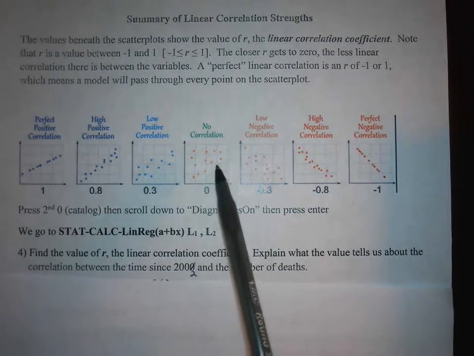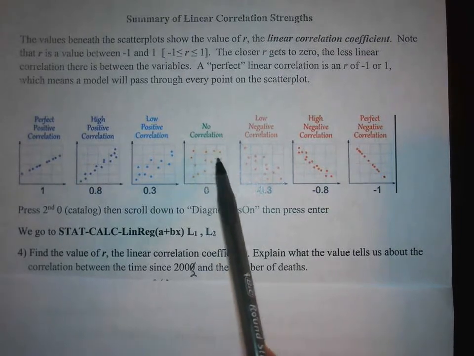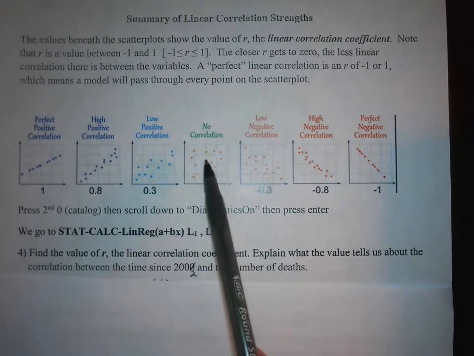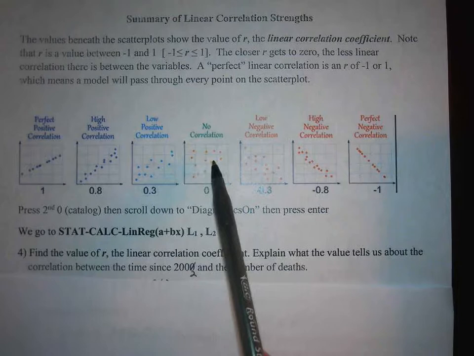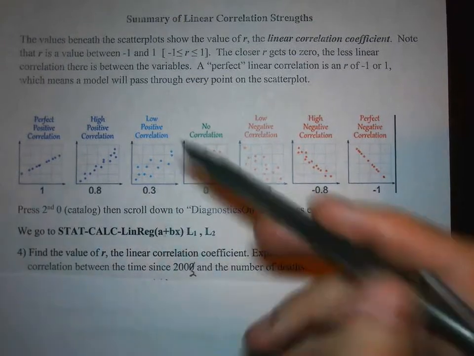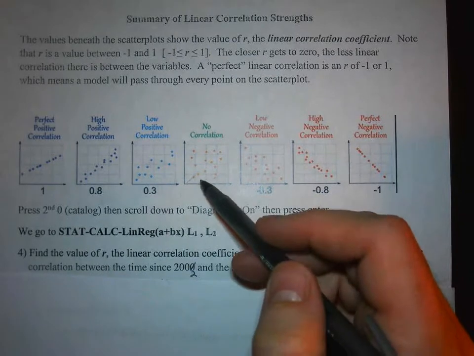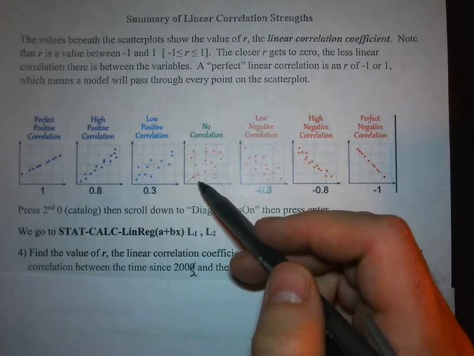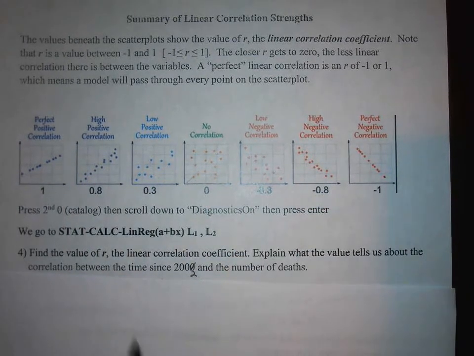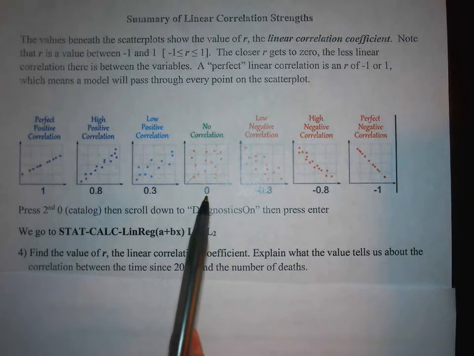No correlation is when you look at the points just scattered all around the graph and you can't get a linear pattern out of that. Whether you draw the line here or this way or straight across, there's no line that is closer to the points than any other line. So that will be an R value of 0.